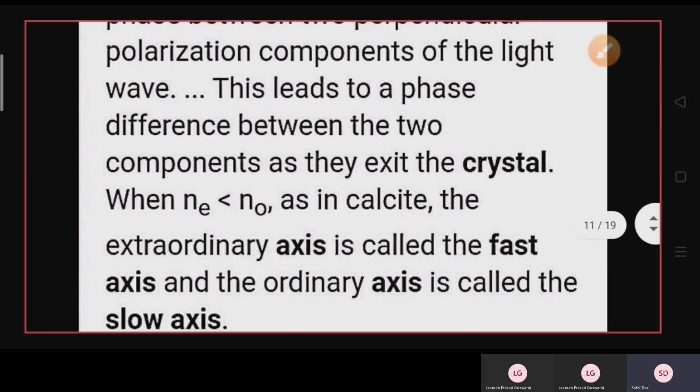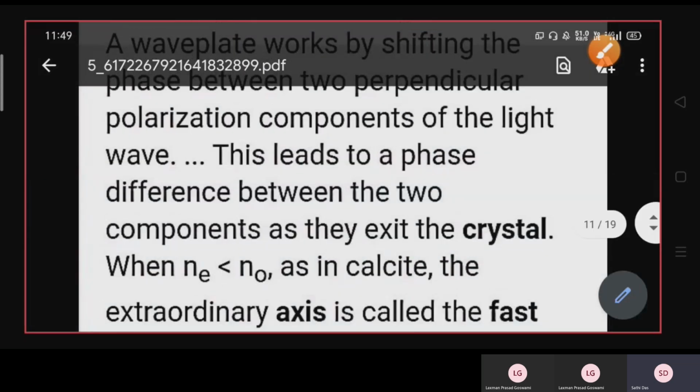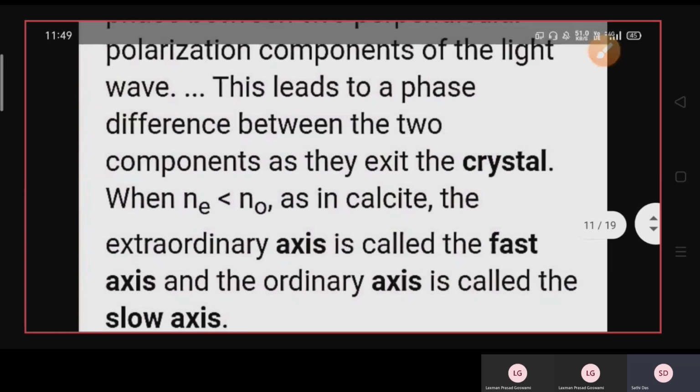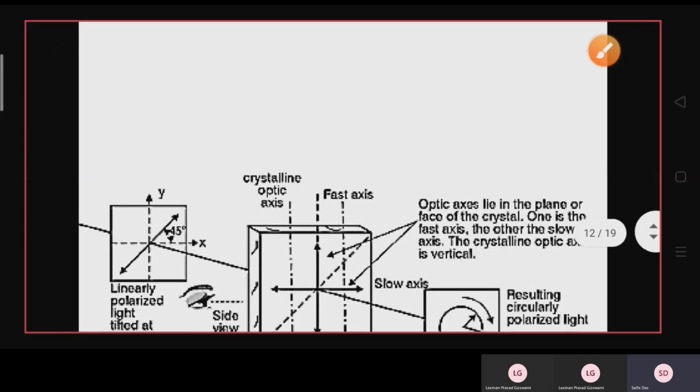And plane polarized light can become circular polarized light, and circular polarized light can become plane polarized light with this action of the quarter wave plate. And the fast axis is called the extraordinary axis when Ne, the refractive index for the extraordinary ray, is less than the refractive index of the ordinary ray, that is No. And the other axis is called the slow axis.